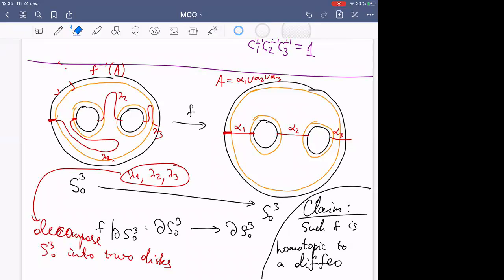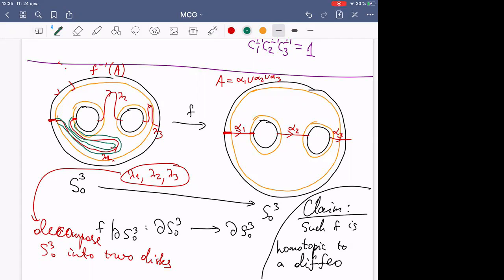Then this lambda 1 is mapped onto this arc alpha 1 with degree 1, and the same for lambda 3 and alpha 3, and we can again make our F a diffeomorphism on these curves and on some small regular neighborhoods of them.